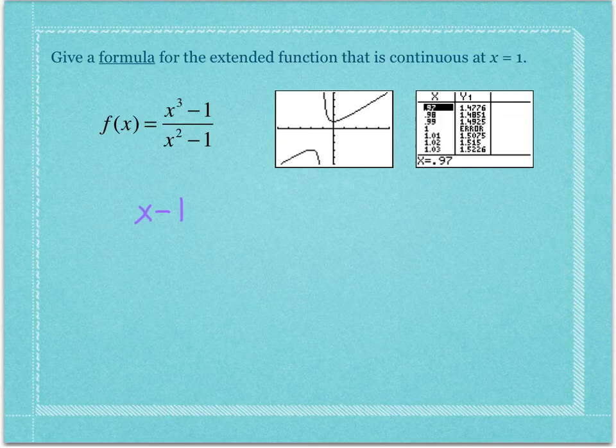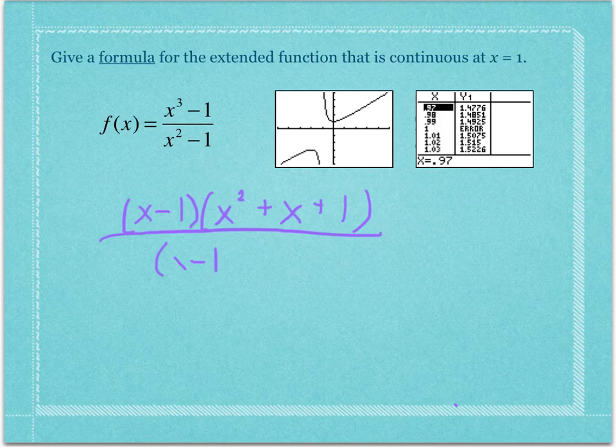It's going to be x minus 1 times x squared plus x plus 1. Meanwhile, we have my usual denominator there. That hasn't changed. I'm going to factor that out a little bit. That's x minus 1 times x plus 1. That's how to factor a difference of squares like that.